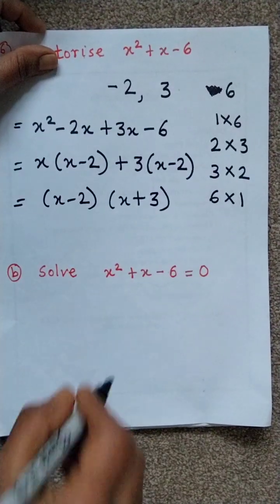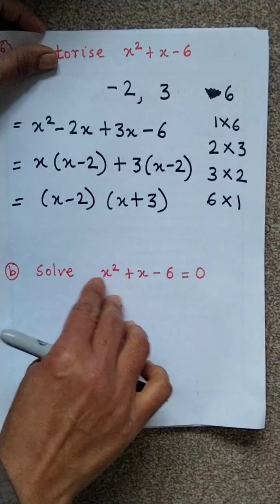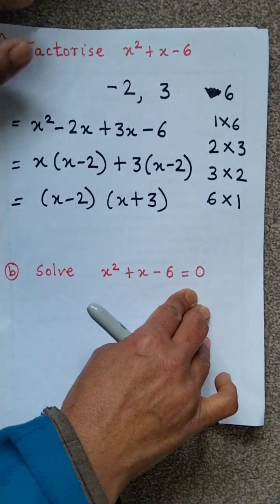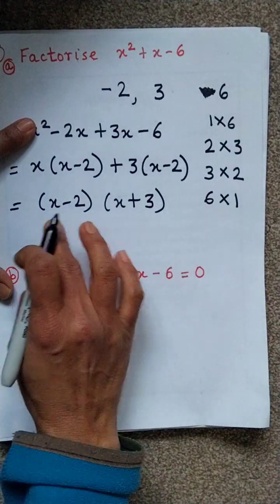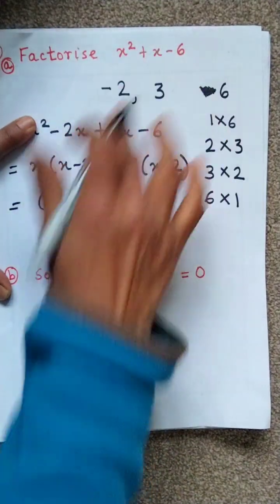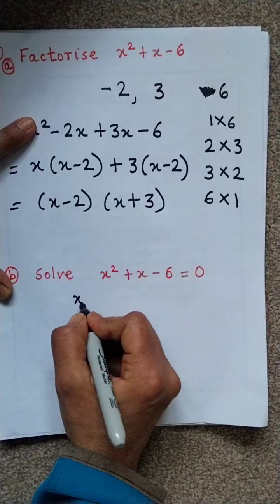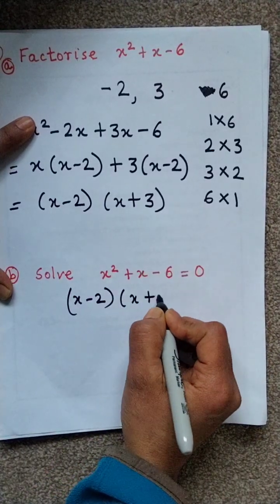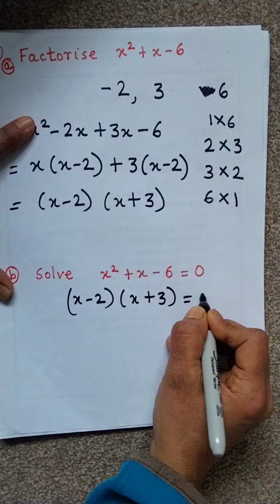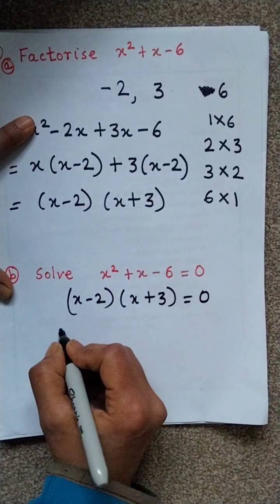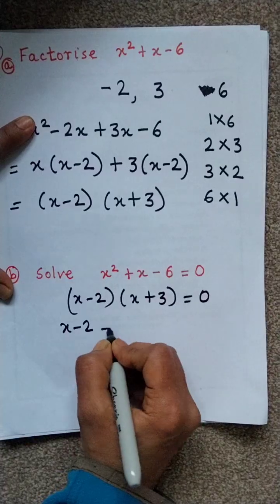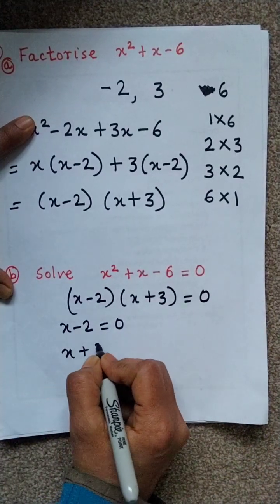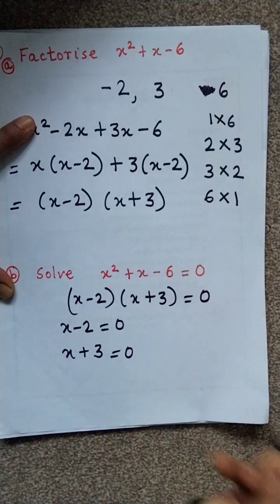Okay, now solve x square plus x minus 6 is equal to 0. So what we do here? We write same thing here, because this is same. So we write x minus 2, x plus 3 is equal to 0. Therefore, x minus 2 is equal to 0, or x plus 3 is equal to 0.